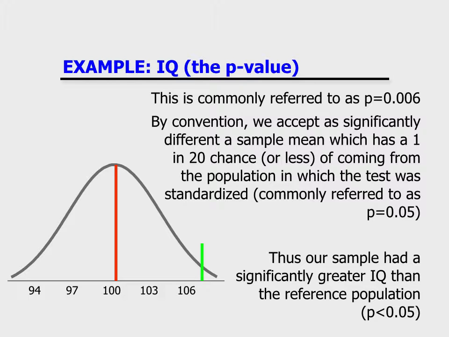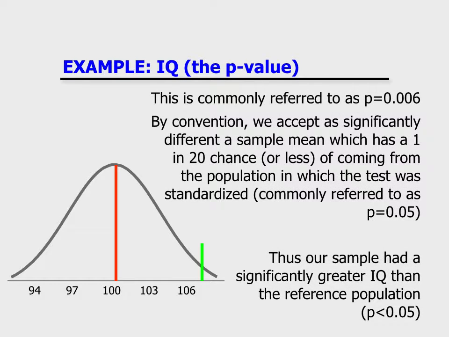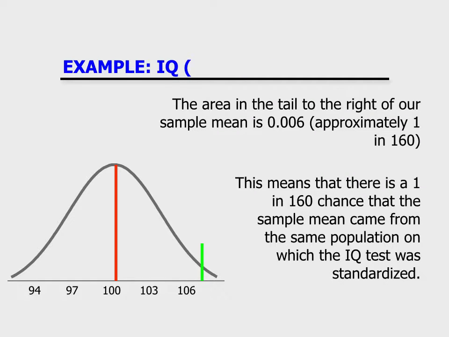So in this case, our sample had a significantly greater IQ than the reference population because the p-value was so small. There was such a small chance that the 25 people you tested that are just past that green line came from the general population. All we're looking for is a 1 in 20 chance. In this case, we saw a 1 in 160 chance.